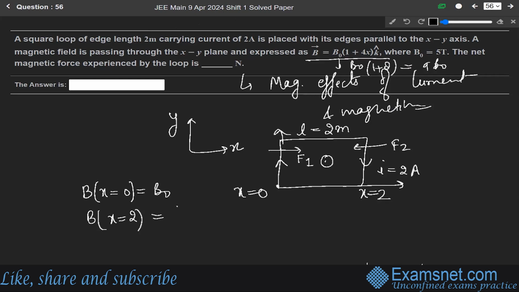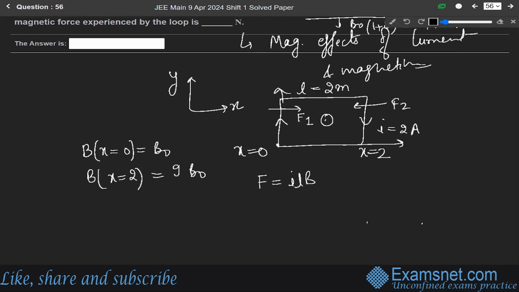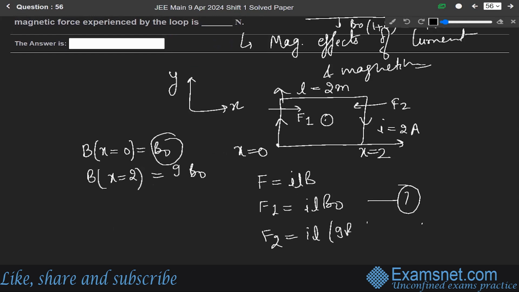Also we know that force F equals I L into B. So F1 will be I L B naught, and F2 will be I L 9 B naught. Let us say this is equation second.